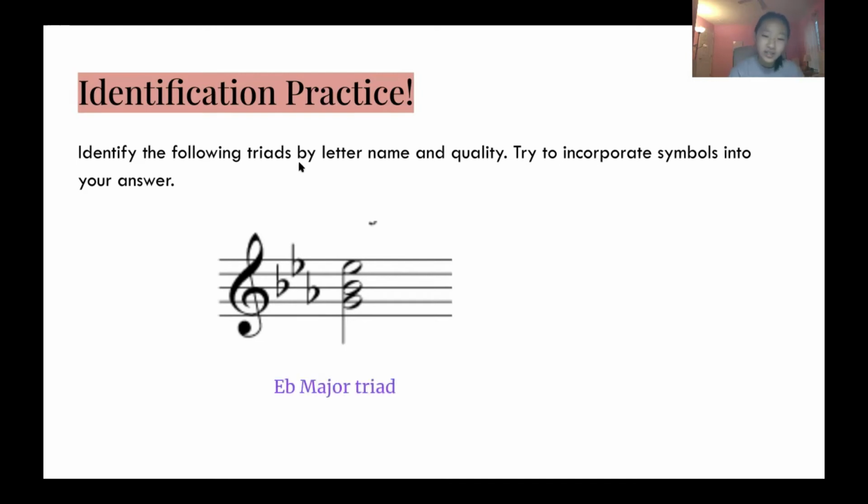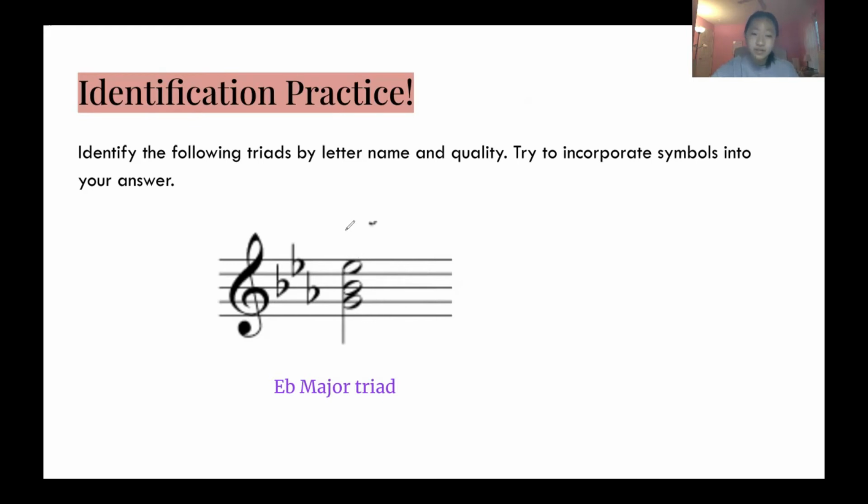So this is actually an E flat major triad. I know that the chord itself starts on G, but if we think of it as a G triad, it doesn't make sense because all the notes have to be the first, third, and fifth note of the scale, and E flat would be the sixth note of a G scale, and that doesn't make any sense.